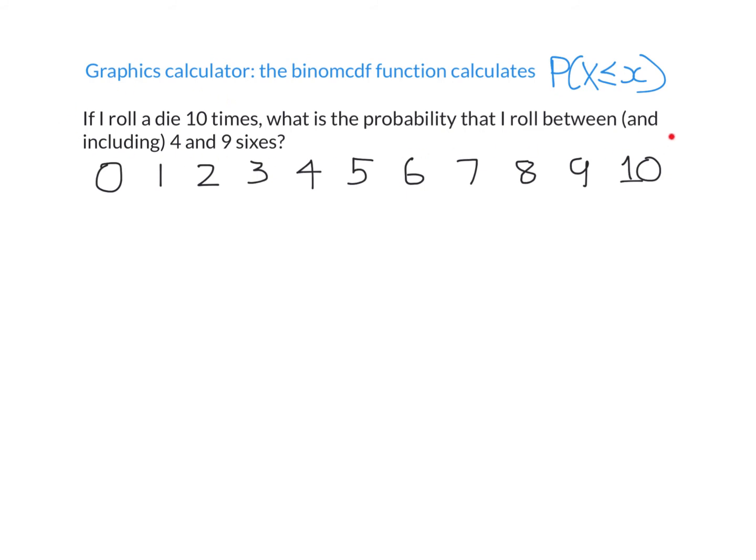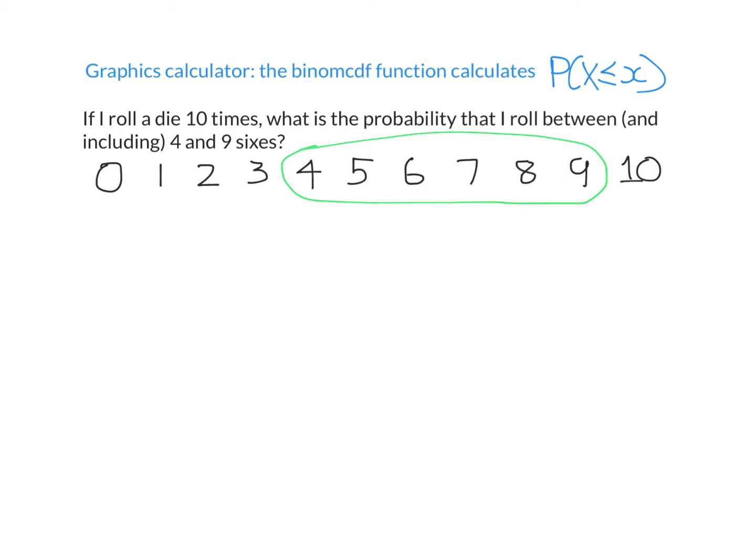So this is the kind of question for which we would use the binomial CDF function. So let's say I roll a die 10 times. What's the probability I roll between and including 4 and 9 6s? So if I roll a die 10 times, I could get 0 6s, 1 6, 2 6s, all the way up to 10 6s. So really, what I'm interested in is the probability I get between and including 4 and 9 6s.